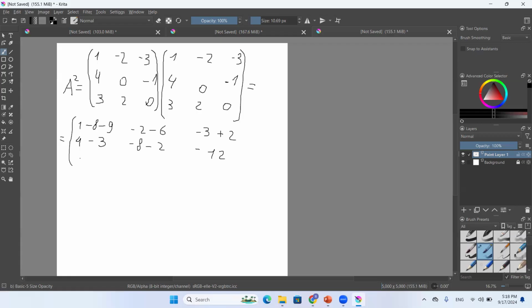Okay. And what about the last row? Okay, Artem Turchin. It will be 3 plus 8. Yeah, 3 plus 8, correct.